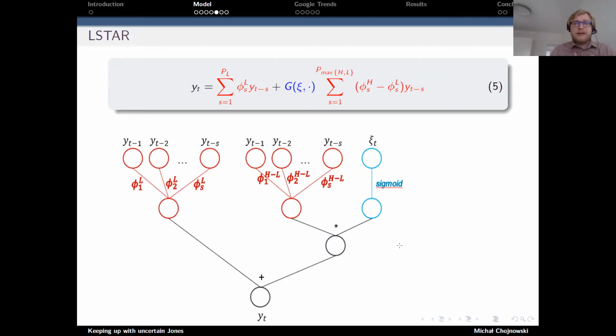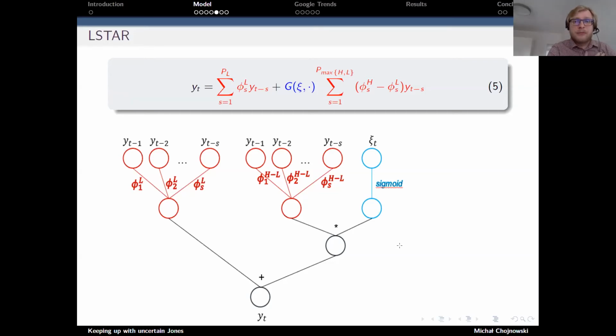Yet again, in the red, I put the linear components here. On the left, we can see the low regime, which has no transition function next to it, and the right red part of the model is the difference between high and low regime.